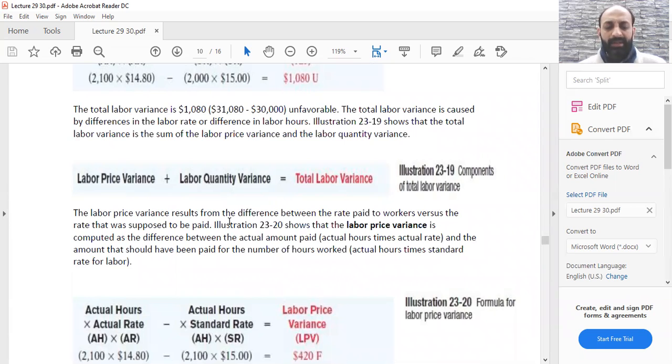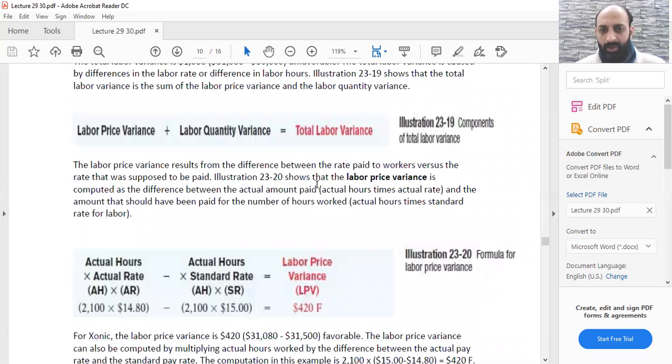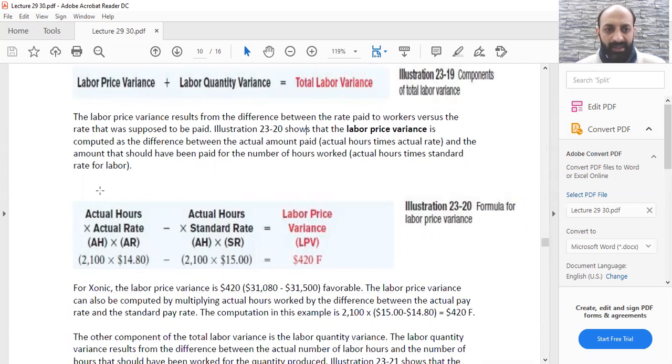The labor price variance results from the difference between the rate paid to the workers versus the rate that was supposed to be paid. So you can see ये आपका what it is doing. It is comparing the actual figure with the standard figure. Illustration 2320 shows that the labor price variance is computed as the difference between actual amount paid.